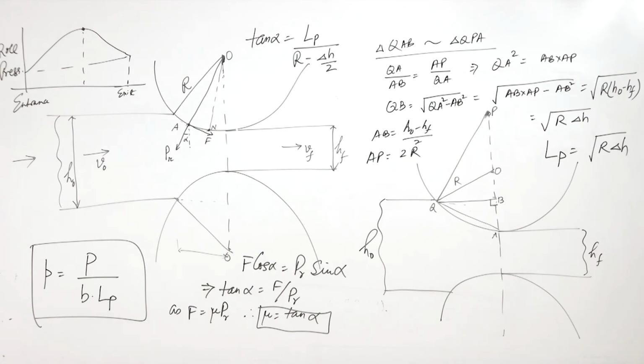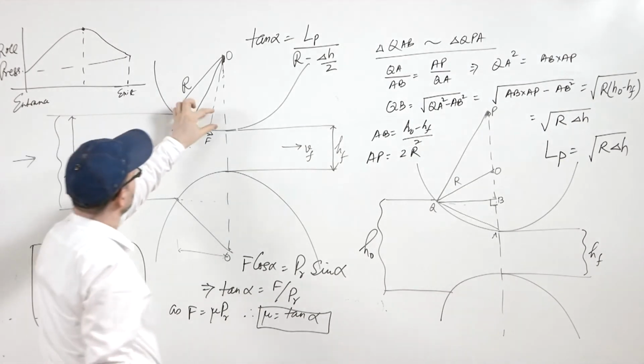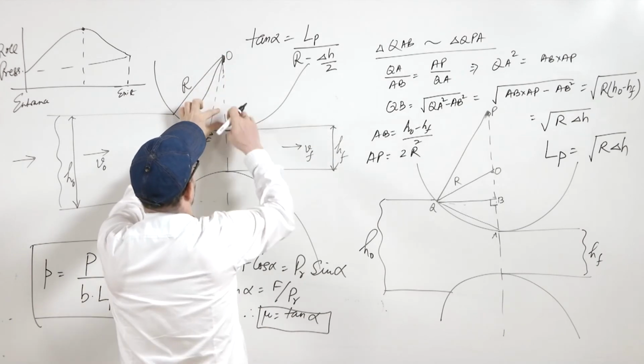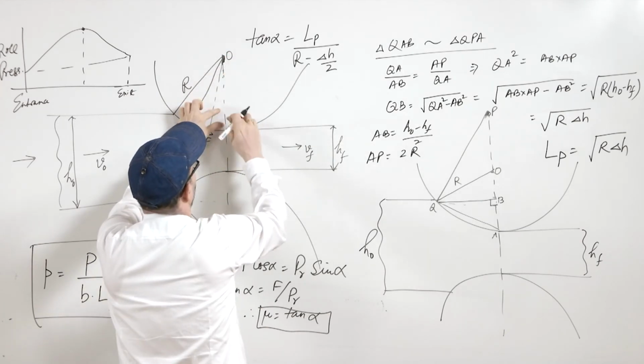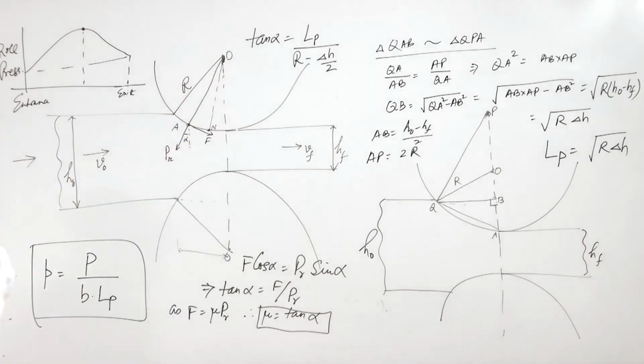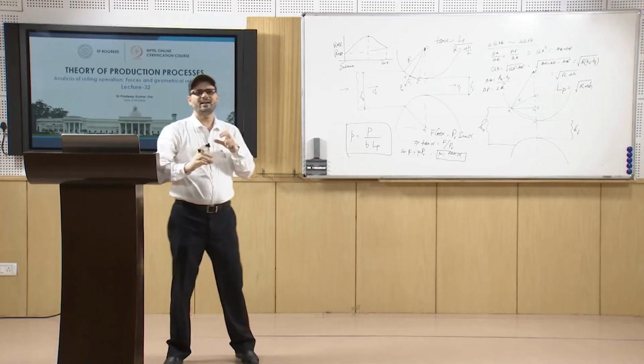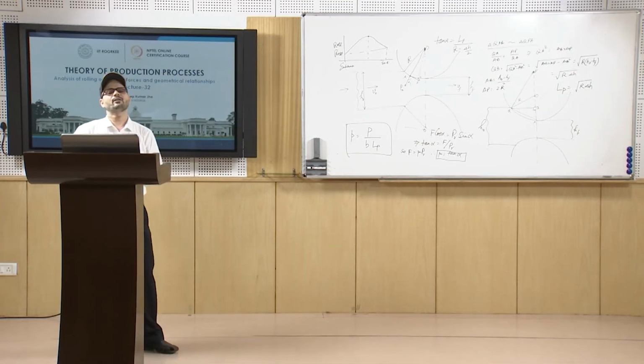So you have this length, that is your LP, and then this height. This hole is R, and this height is delta H by 2, that is H naught minus Hf divided by 2.